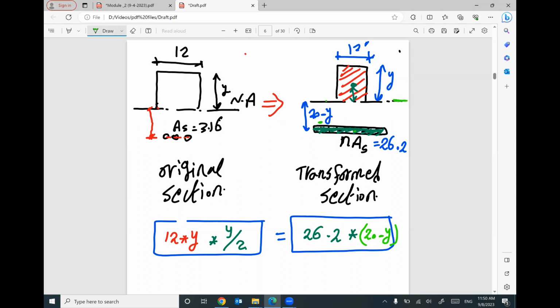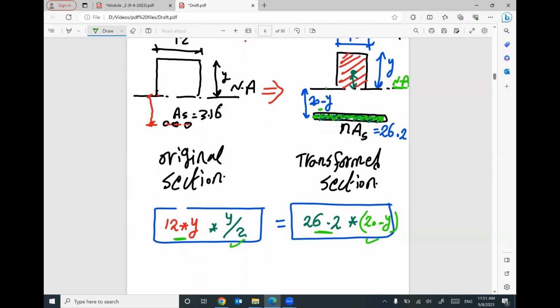To locate this neutral axis, I say the top part area times the distance between the centroid of this part and your neutral axis must equal the area of the bottom part times the distance between the centroid of that part and your neutral axis. You will set up an equation with one unknown, which is y, and I can figure it out.